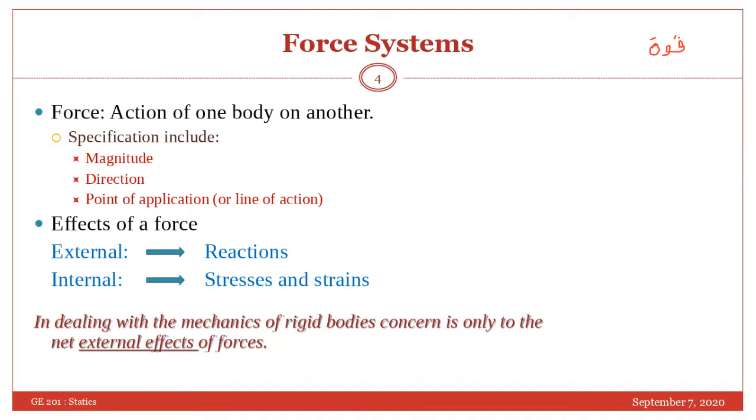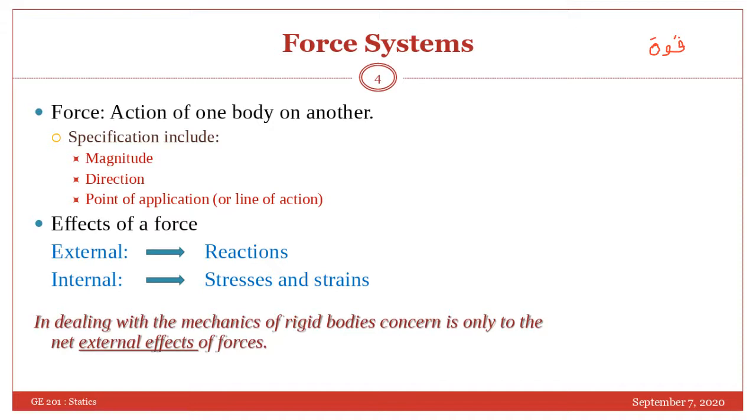And for force specification, because it's a vector quantity, it must have a direction and a magnitude. But apart from this, you also have to specify the point of application or line of action, depending on what type of body you have.